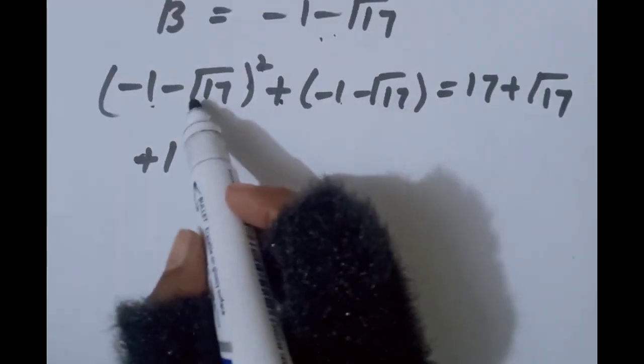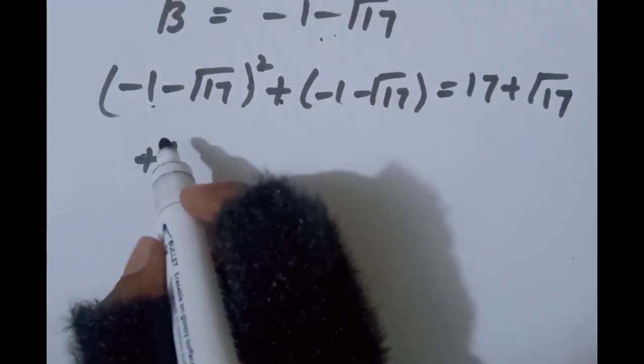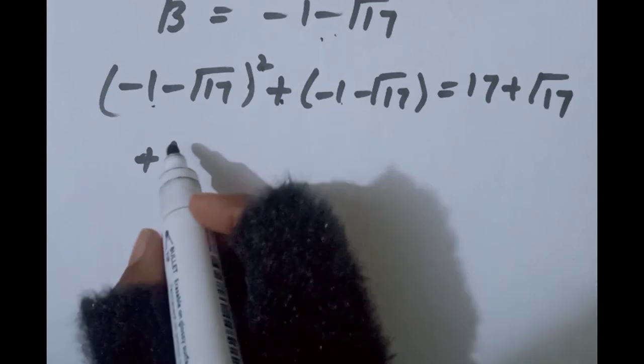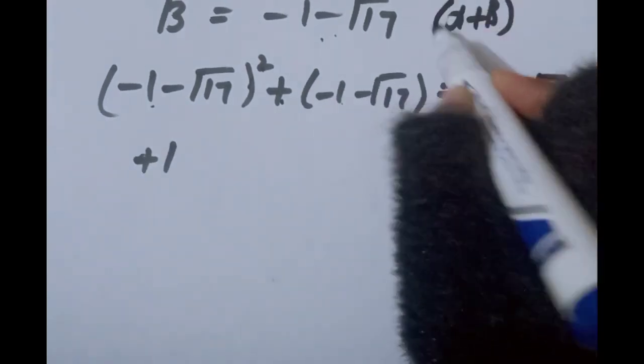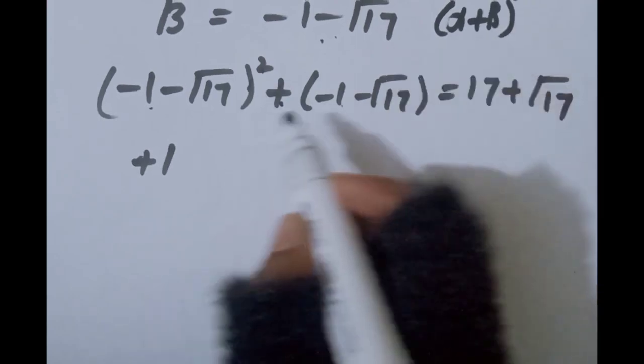Now here we use a formula, which is alpha plus beta whole square. You know that's equal to alpha square plus beta square minus 2 alpha beta.